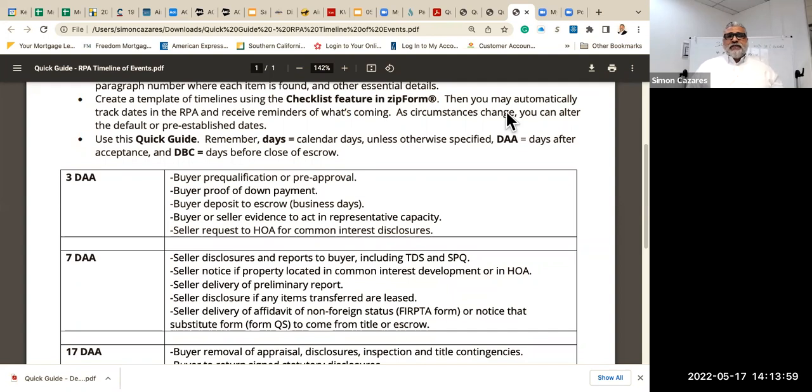The buyer and seller's evidence to act in a representative capacity gives you the perspective and the ability to understand all of the elements of what you need to do as part of the process. Seller's request of HOA for common interest disclosure, again, another parameter that you must understand. Whether you're representing the seller or the buyer, you must give the seller the request for HOA for the common interest disclosures within the 3 days after acceptance.